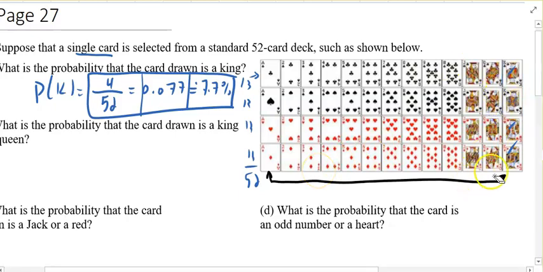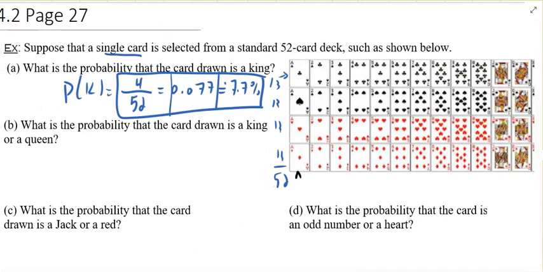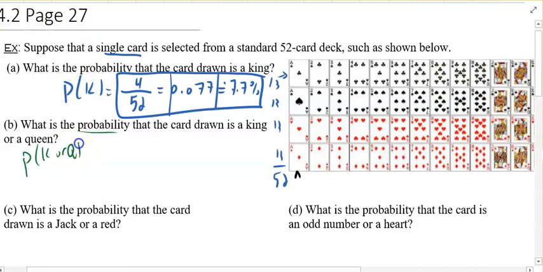Now I reset the problem, and let me look at the next case. The next case says, what is the probability that the card, the one card, is a king or a queen? I have 2 ways of doing this, and I'm going to do it both ways for you. I could say that's the probability of a king plus the probability of a queen minus the probability of a king and a queen. Probability of a king, there are 52 cards, so 4 of those.